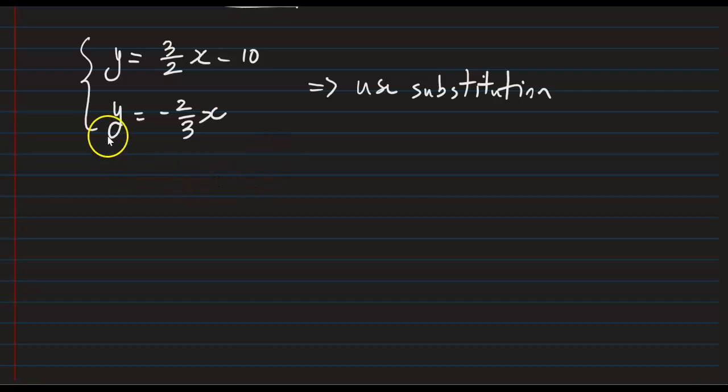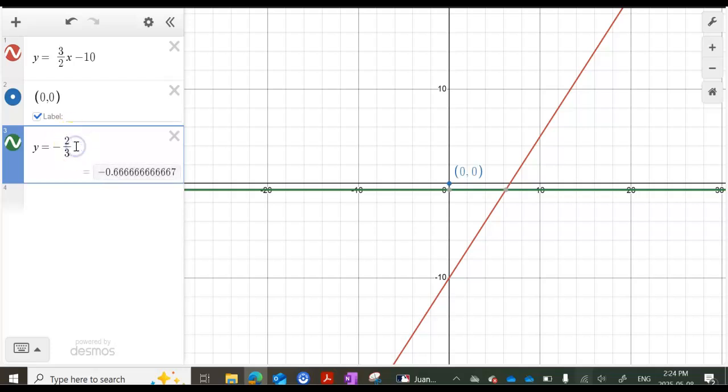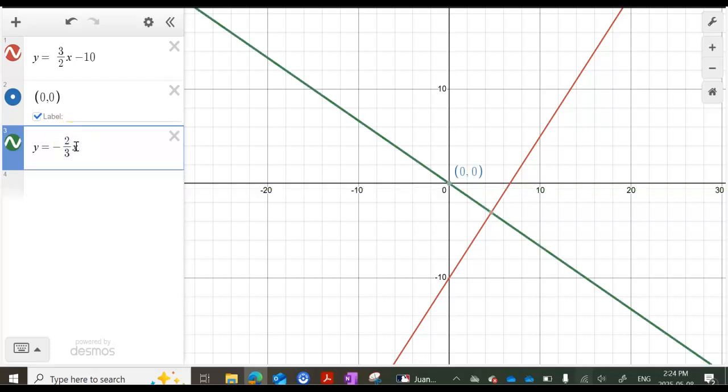All right, let's go to the graph. I have the original graph here. I'm just going to type in negative 2/3 x, and here it is. So that is the green graph, the line segment AB starting from (0, 0), and this point right there, that's the point of intersection. Desmos is actually giving me this value, which is what I want.